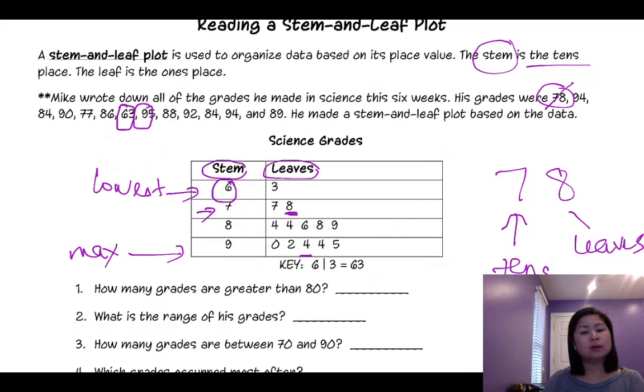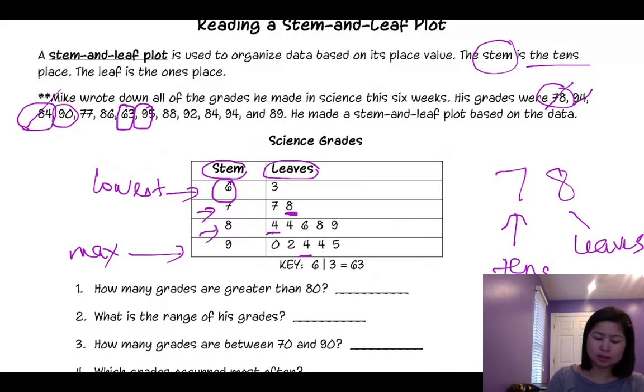For now, eventually I will ask you to put numbers in order, but for today's practice, if it's not in order, that is fine. So we're done with 94, and then we look at 84, right? Here, this is the 80s, so we put in just the 4. For the 97, it's the 90s stem, so I put the 7.